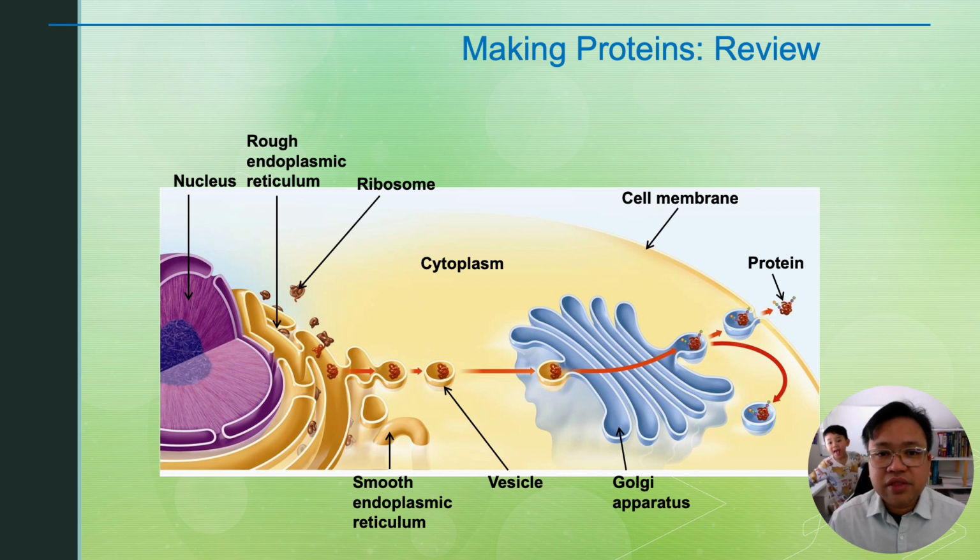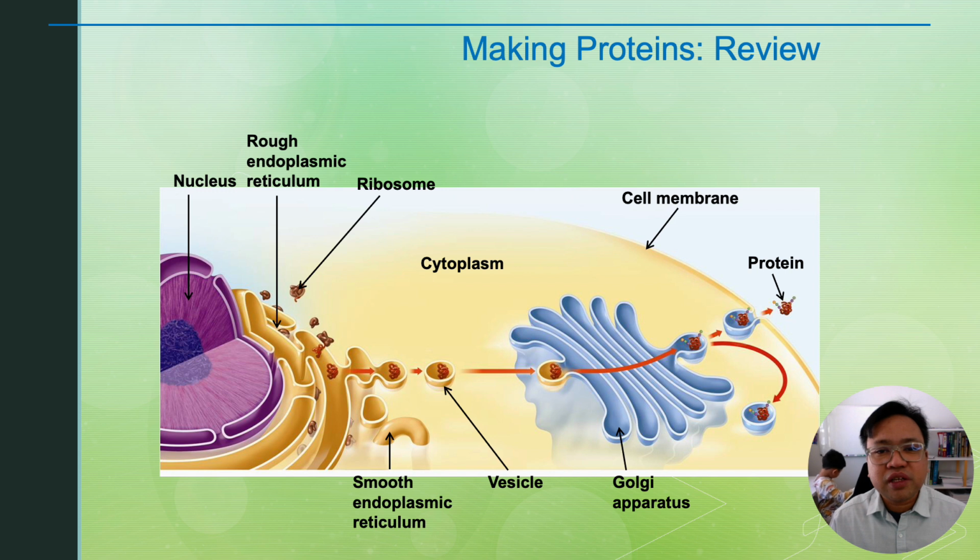Where is the synthesis of membrane proteins completed? The synthesis of membrane proteins is completed in the endoplasmic reticulum, or ER, specifically in the rough endoplasmic reticulum. How are proteins transported to the Golgi apparatus?